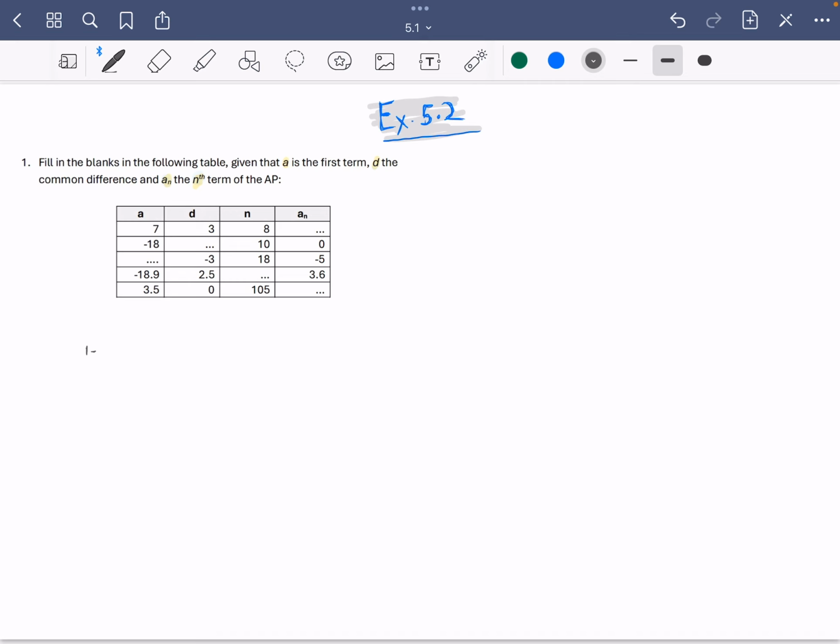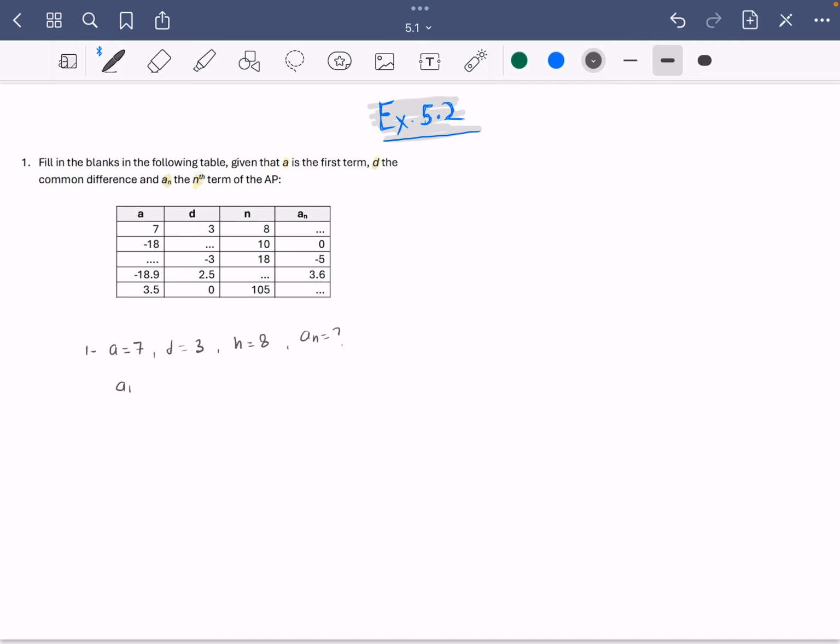First subpart: you are given A, which is 7, and D, which is 3. N is 8, AN you have to find out.